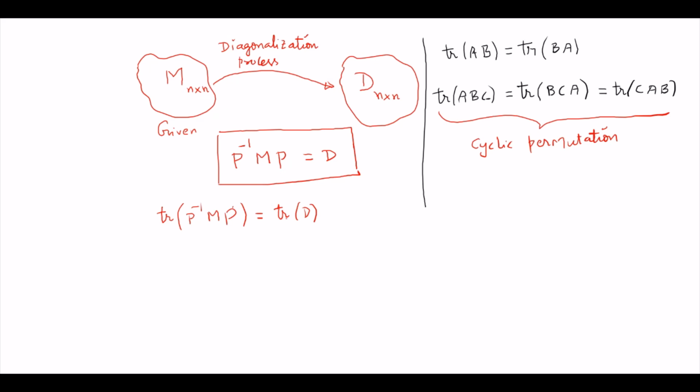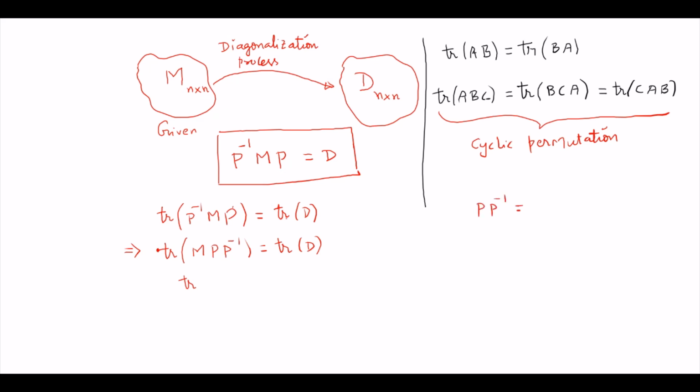Okay. Now the trace of P inverse MP can be written as follows. Let us apply the cyclic permutation. Here I can take M in front, then P inverse P, and this will equal the trace of D. So what is P inverse P?